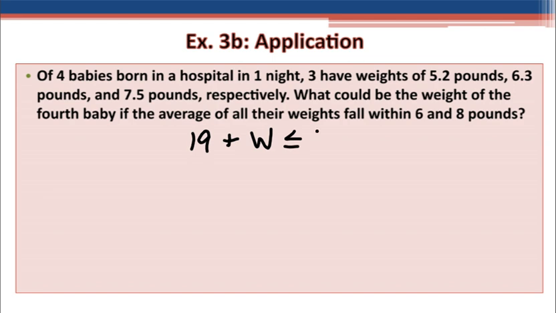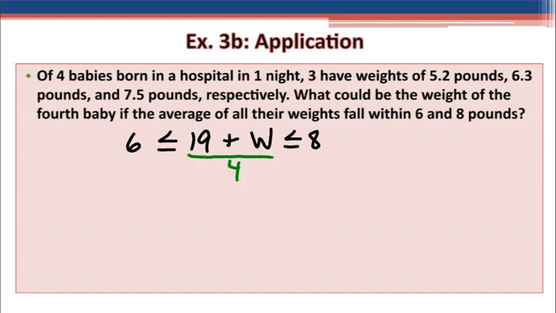So it can't be more than 8 pounds, and it can't be less than 6 pounds. But it can equal 6 and it can equal 8, but it just can't be lower than 6 or higher than 8. Actually, before I subtract 19, since the average has to be between those, I have to divide this by 4.